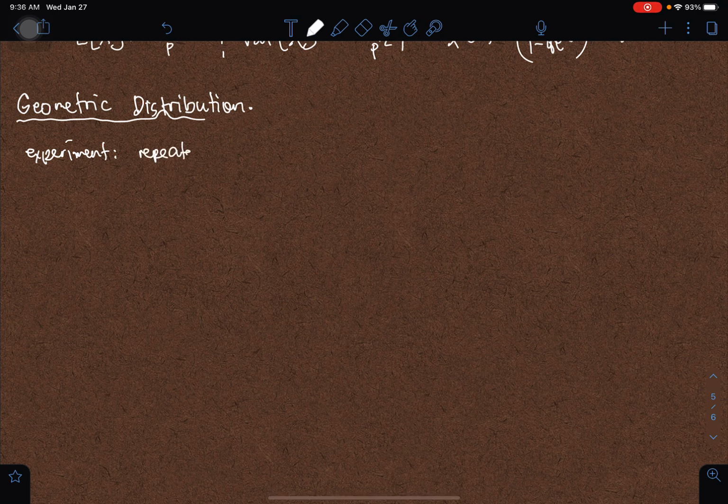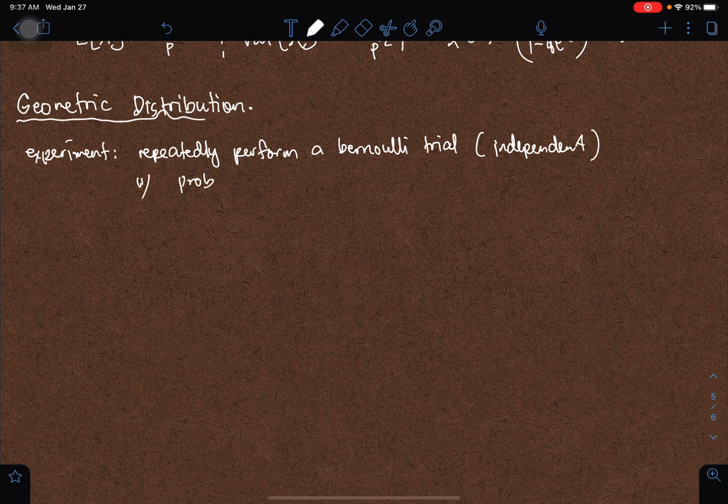We repeatedly perform a Bernoulli trial, which are independent, with probability p of success.